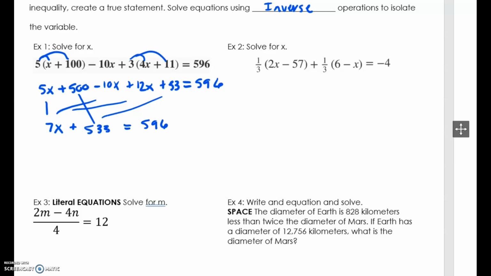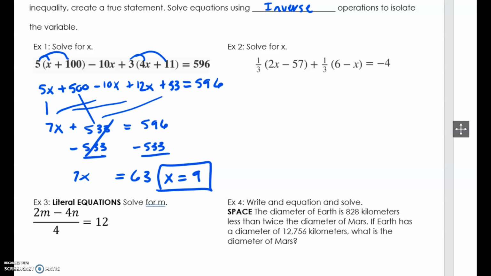So I combined like terms there, and now I'm going to try to isolate the x. I want to move the 533 to the other side by subtracting it. I'm left with 7x is equal to 63. Final step, divide by 7. So x is equal to 9.